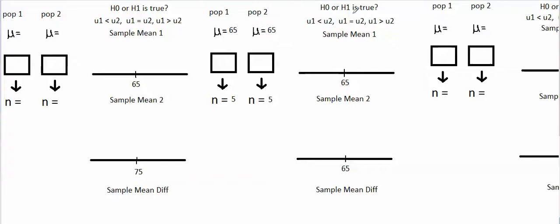So you would say H0 is true. I want you to circle this right here, and also circle that the two population means are equal. So if H0 is true, then that means that this is true. The population means are equal.